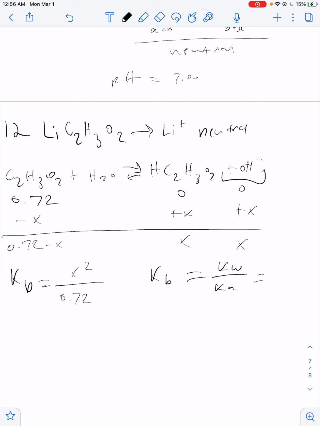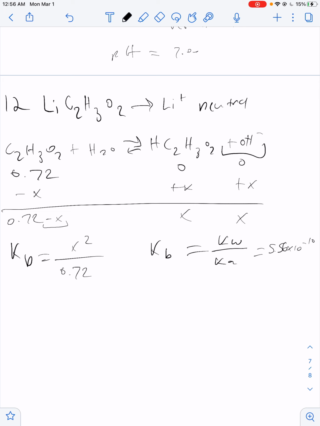So our Kb is going to be 5.56 times 10 to the negative 10. Since K is so small, that's why we don't have this minus X. And then once we have Kb, you plug it back into here, and then you solve for X. X is 2.00 times 10 to the negative 5.